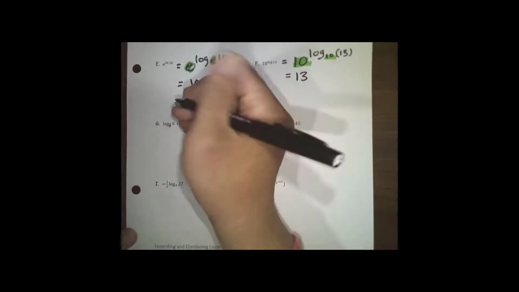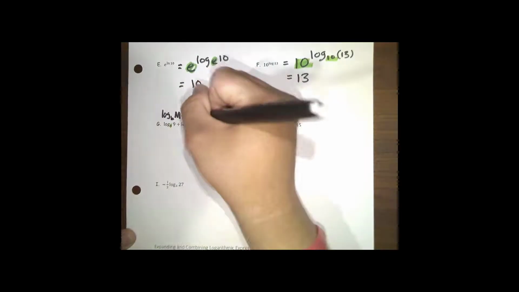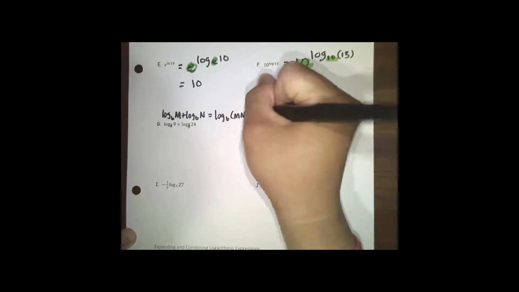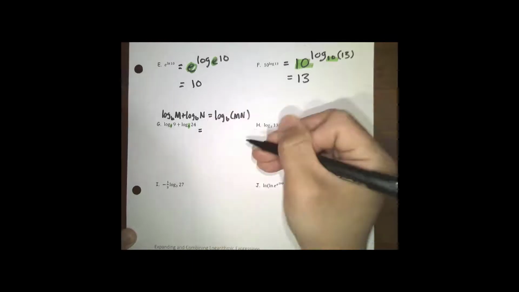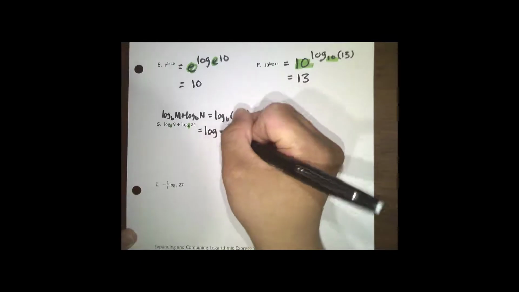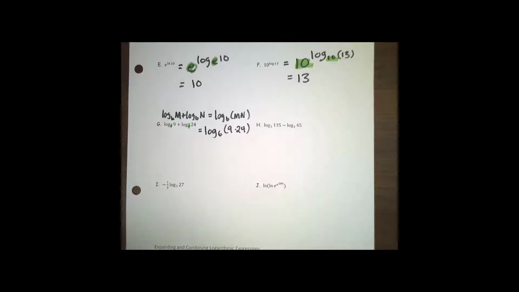So I'm going to use rule number 5 here. That's log base b of m plus log base b of n is log base b of m times n. So this is log base 6 of 9 plus log base 6 of 24. That's log base 6 of 9 times 24. And then 9 times 24, if I go ahead and do that, I get 216.